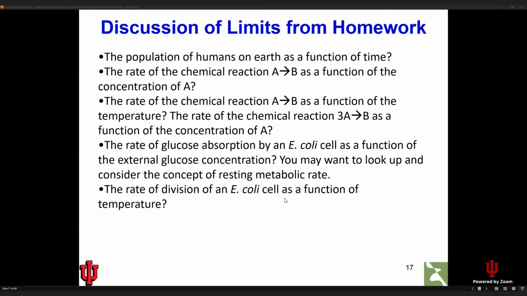Now, the second one is the rate of chemical reaction of A goes to B as a function of the concentration of A. Now, we talked about mass action, and we said that the simplest rule is that the rate of reaction would be proportional to the amount of A. And that's certainly possible.